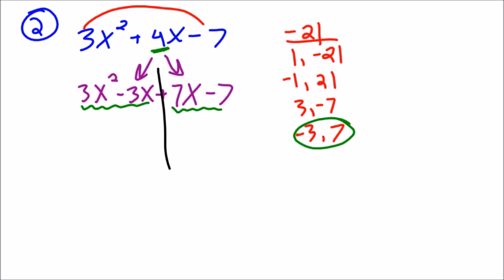The GCF on the left side looks like it's 3x. And if you factor out 3x, that leaves you with x and negative 1 in here. On the other side, we can factor out a positive 7, and that'll leave us with x and minus 1.